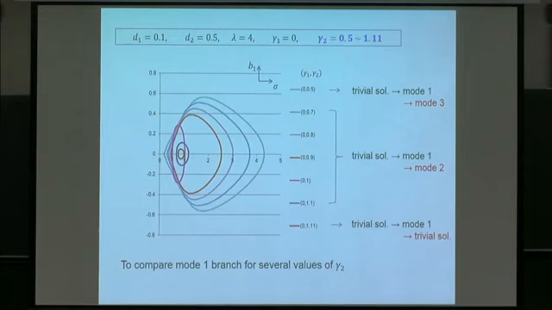The largest branch is for gamma 2 equals 0.5, and as gamma 2 becomes larger, the loops of the branches become smaller in this way.